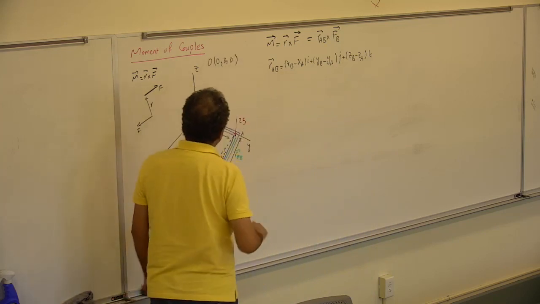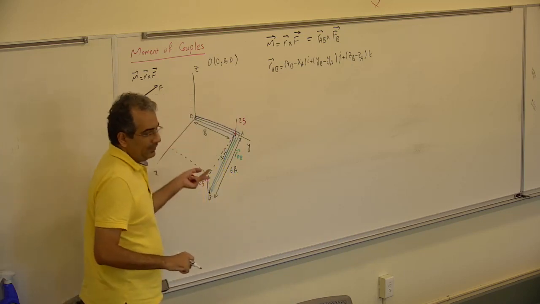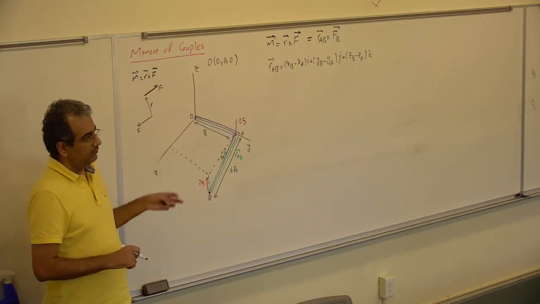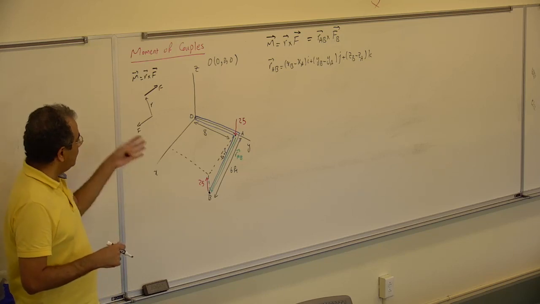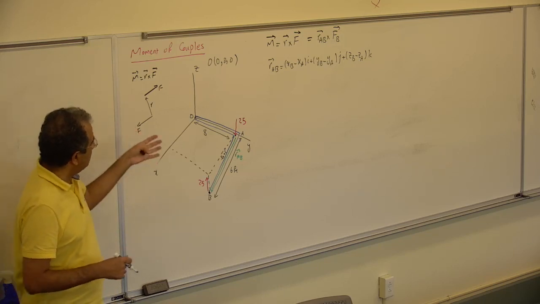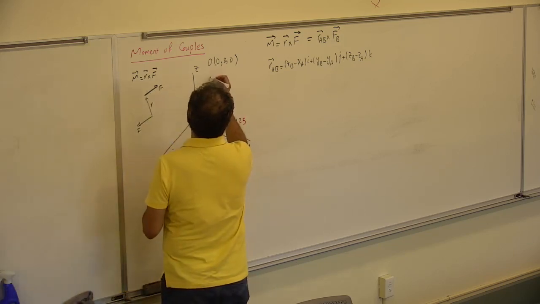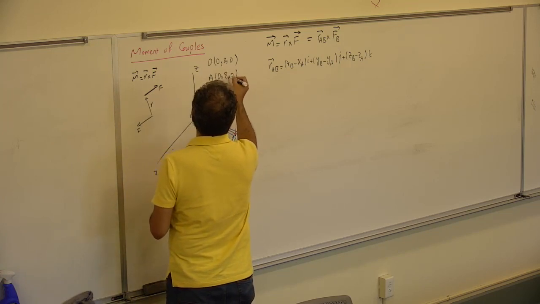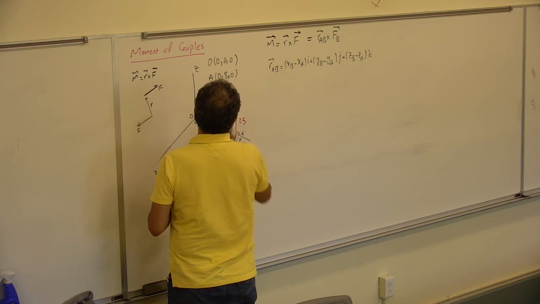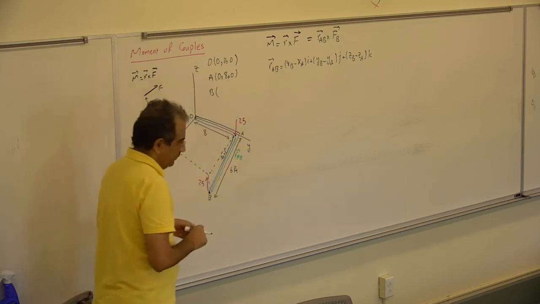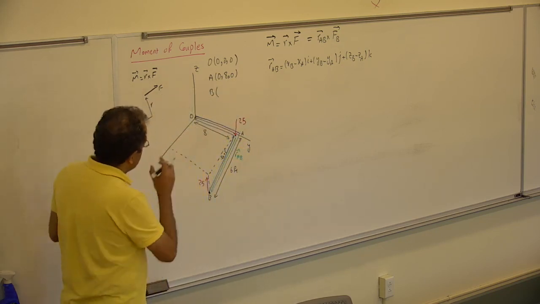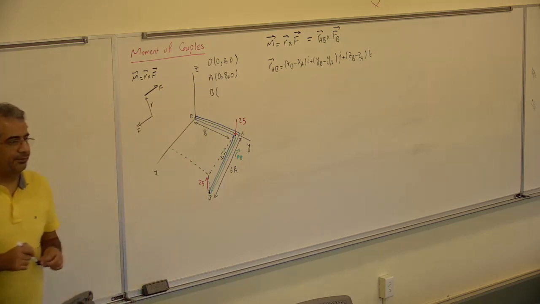The point A is on the y-axis, so it doesn't have an x or z. So the point A would be 0, 8, and 0. And the point B, how much are the coordinates for the point B?